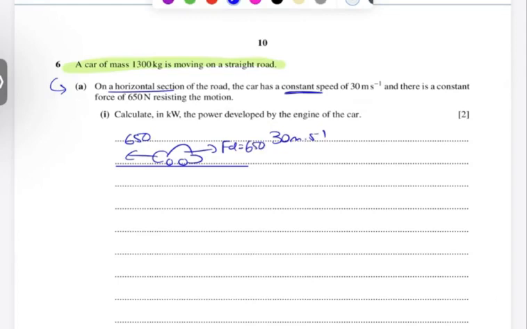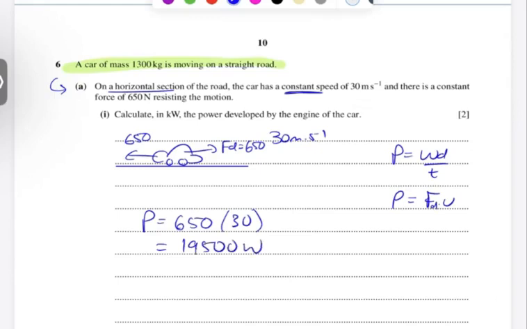Calculate the power developed by the engine of the car. Okay, when you see power, you can think of 2 formulas. Power is work done divided by time, or power is force times velocity. In this case, I've already got my driving force, and I have also got my velocity. So that is quite straightforward. So 650 times 30.